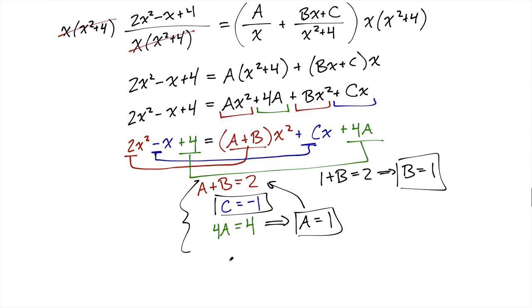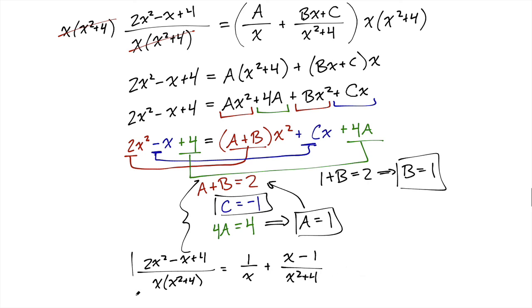So for our final answer, we have our original, and I like to always write my original so that I know kind of what I was doing, equals a over x plus bx plus c over x squared plus 4. And there's our partial fraction decomposition.